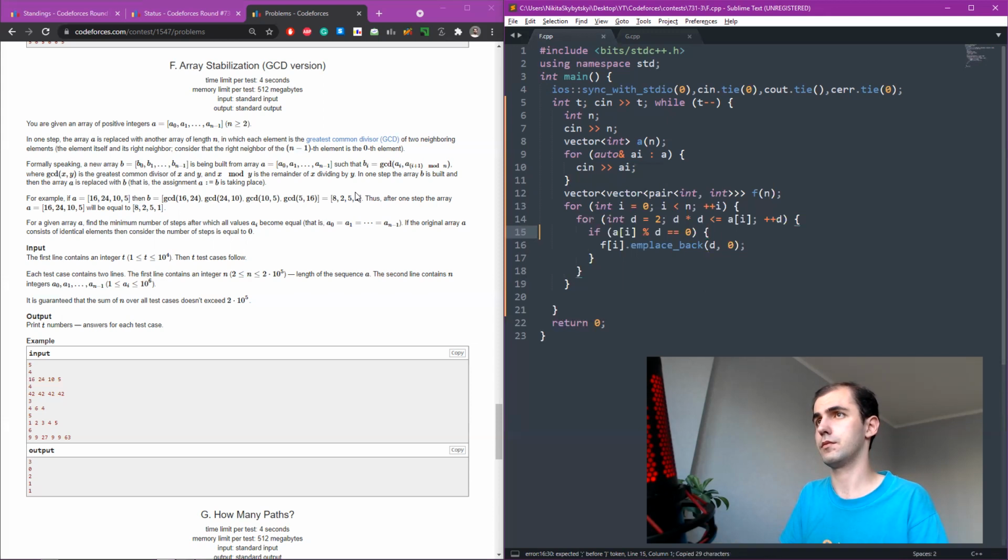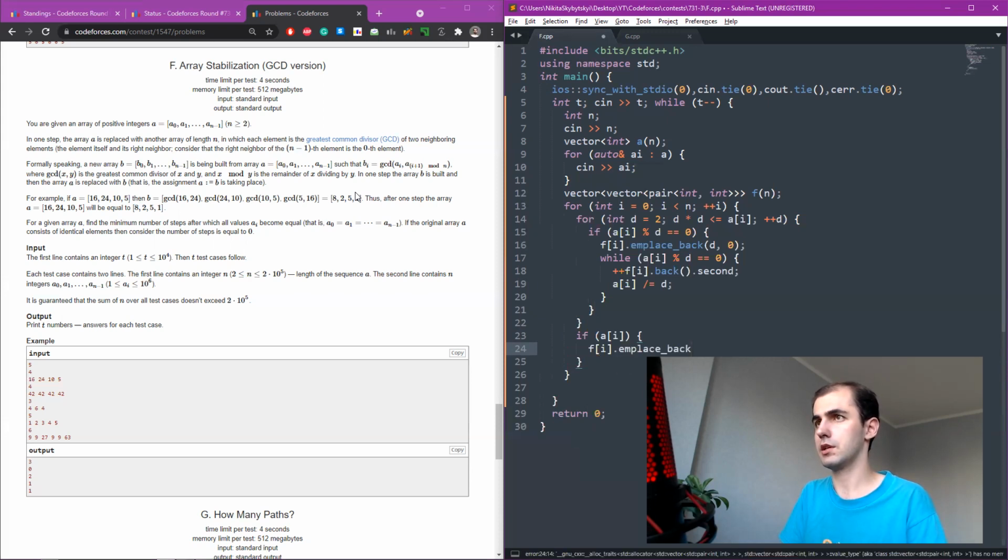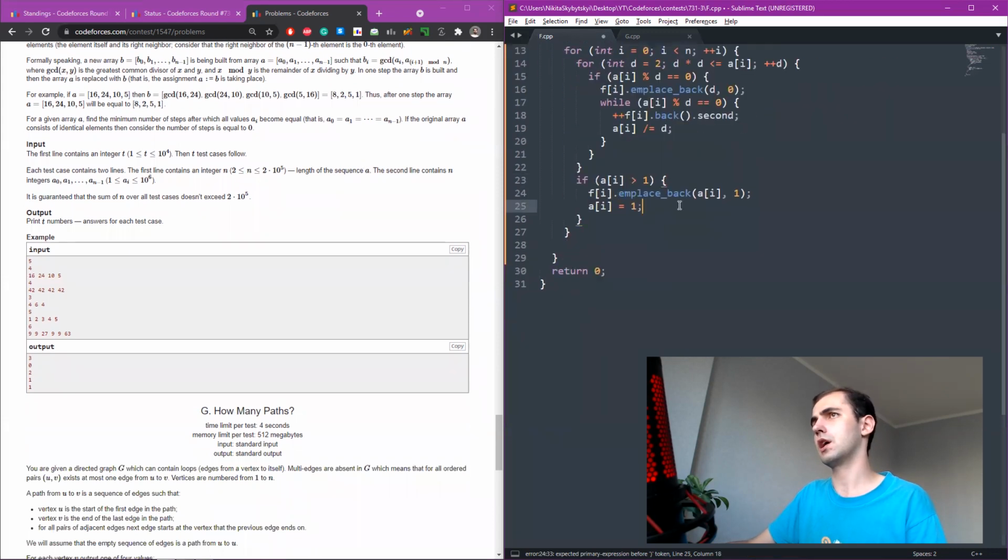D0. So f_i back second plus, and f_i is divided by d. If a_i, f_i push, place back, if a_i greater than 1, of course. a_i equals 1. Destroying the array. Not very good, but still should work.